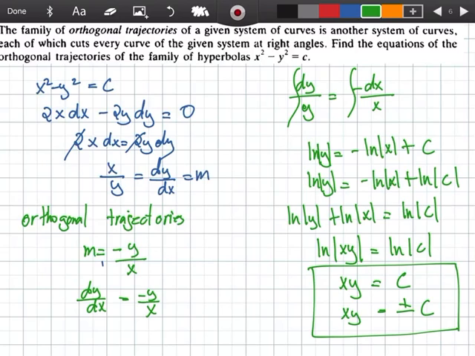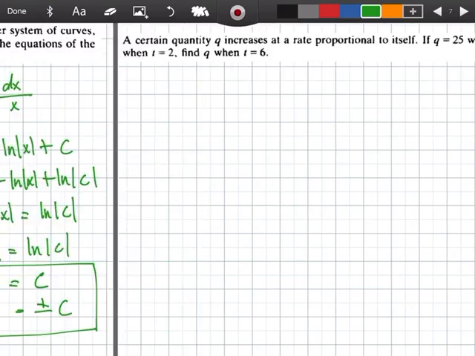Meaning, yung family of curve na kakat sa hyperbola natin into 90 degrees angle class is what? xy is equal to c. Yan yung kanyang equation. Okay?